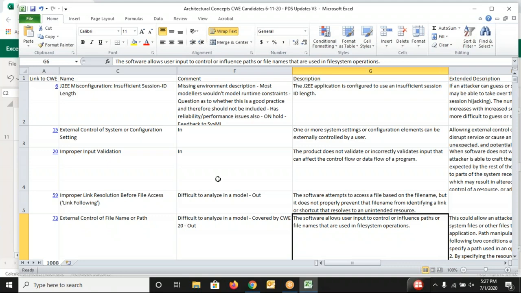...to the point where we can define these things to a level where we've got something we can move forward with.